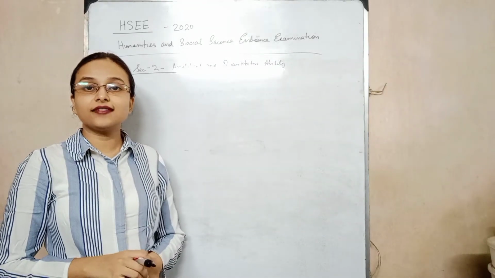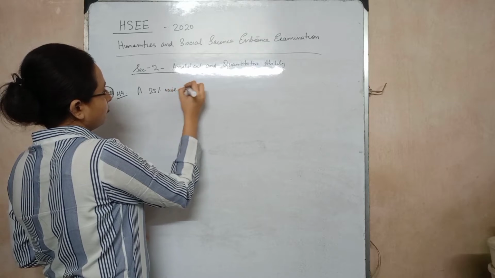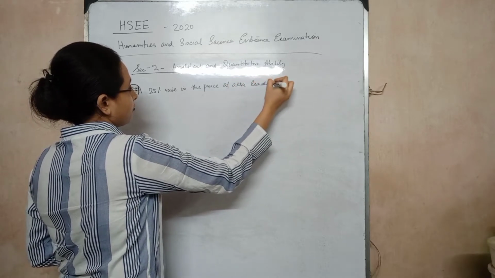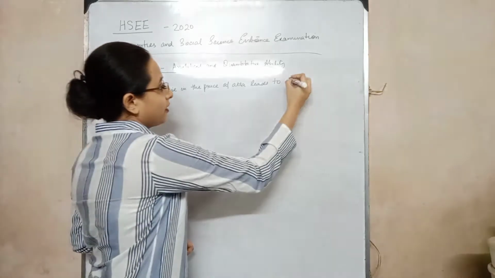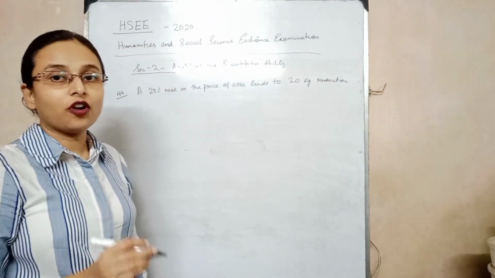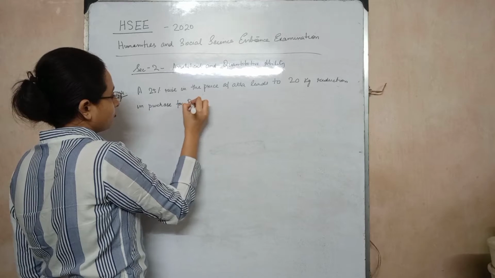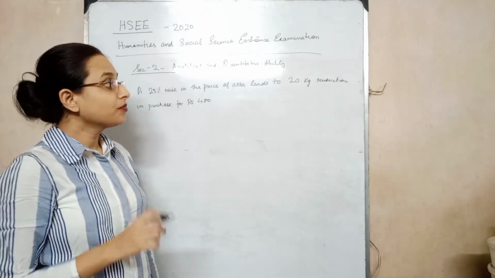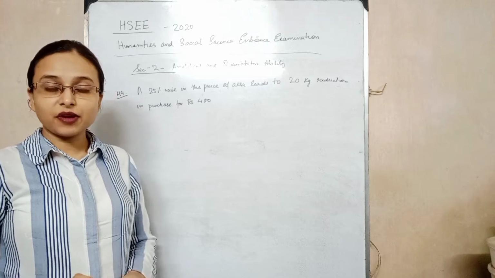A 25% rise in the price of atta leads to a 20 kg reduction in the purchase for rupees 400. Okay, up till this much I hope it is clear.